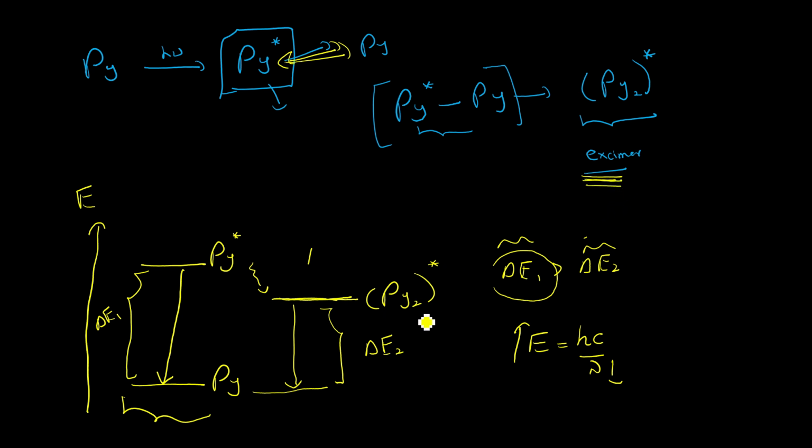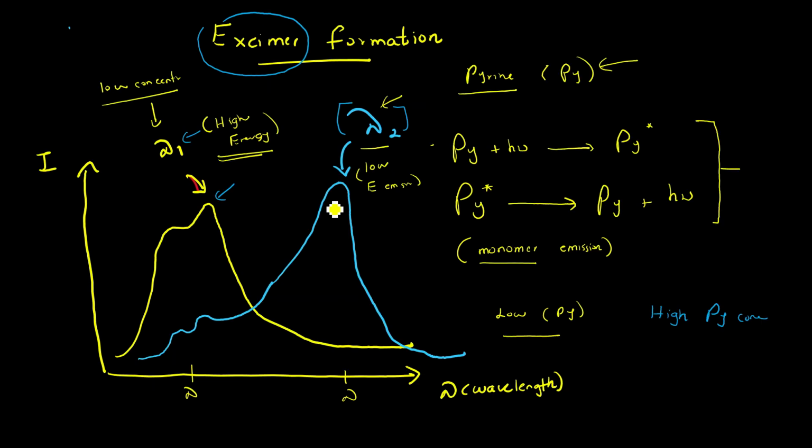Now when excimer formation happens, our energy difference is lowered. Due to that, we have a higher lambda valued emission peak. So at higher concentration, we have this blue color graph. So this is the explanation for this particular scenario.